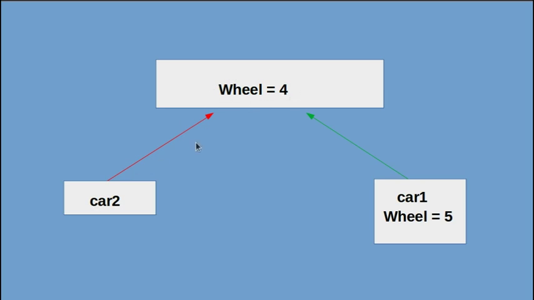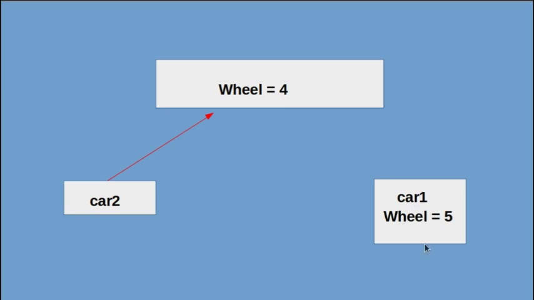If it doesn't, it will probably get an error. In the case of car1, we are printing the wheel, so the car1 object checks within itself: do I have the wheel variable? Yes, it does. So it doesn't need to go to the class to pick it, so it's not getting the class variable, and there's no connection between the class wheel and the object car's wheel.